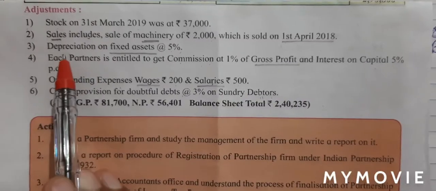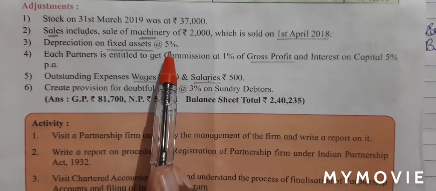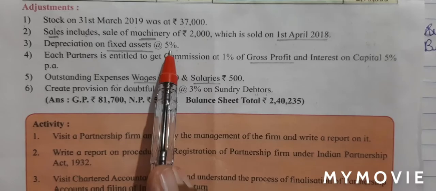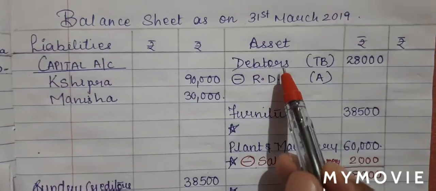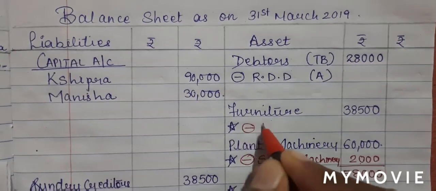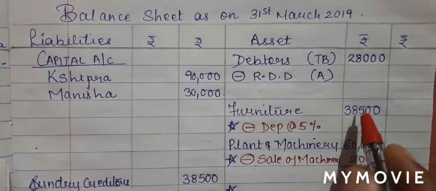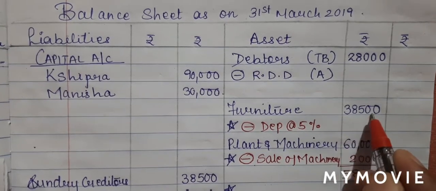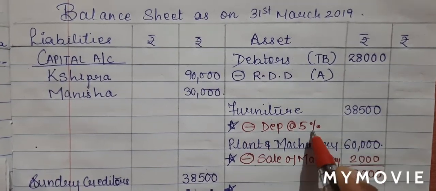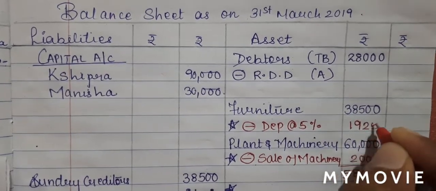Adjustment number 3, depreciation on fixed assets at the rate of 5%. So let us do our first effect of depreciation. So on the asset side, we have furniture. So I'll say less depreciation at the rate of 5%. We can do our calculation. 38,500, 5% will give me 1,925.